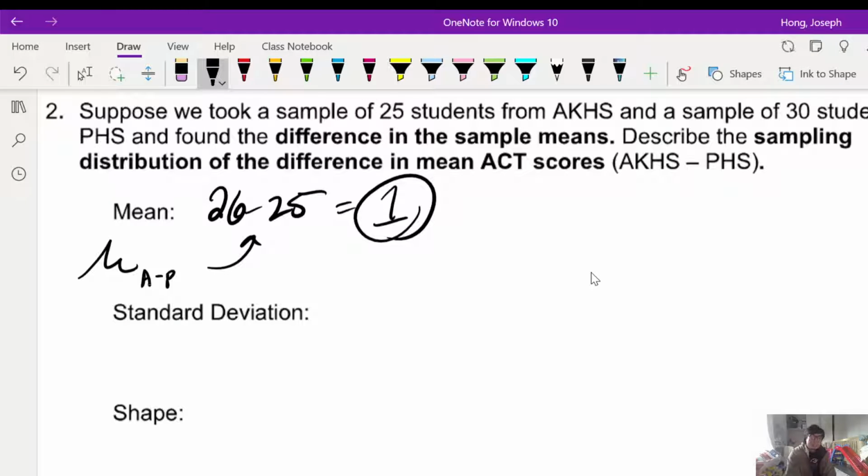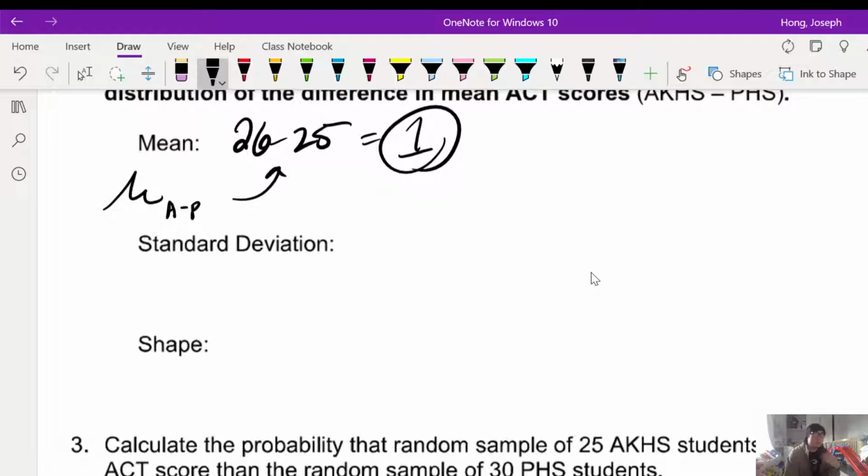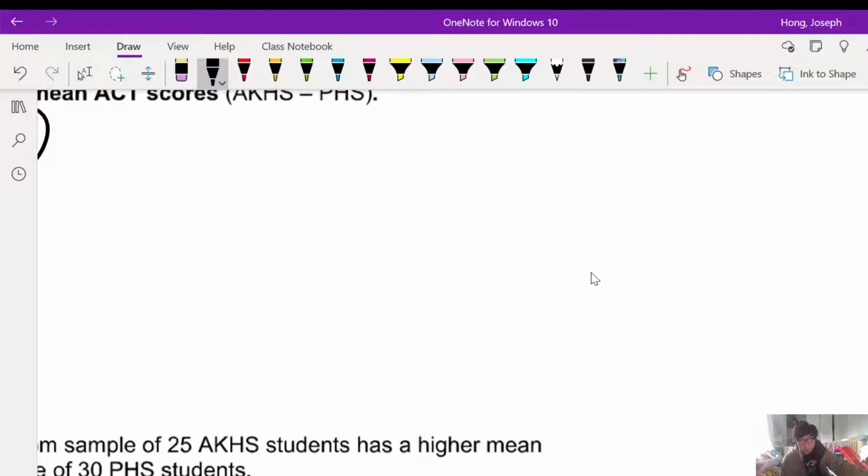The standard deviation is a little spicy, because as you learned throughout the year, you can't just do simple arithmetic on standard deviations, because we would get an imaginary number. The way I like to think of it is with this equation right here.